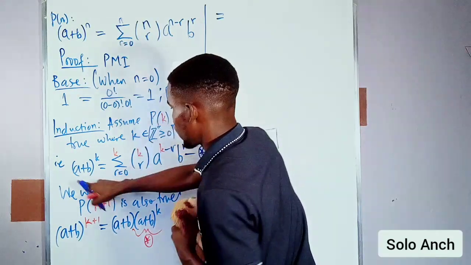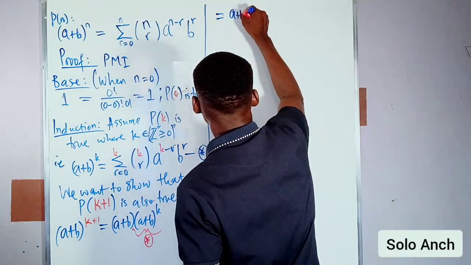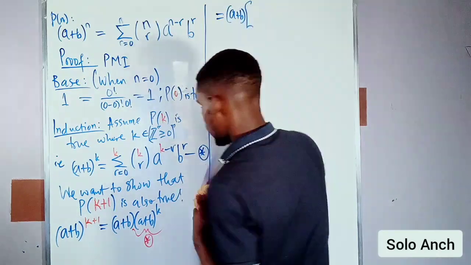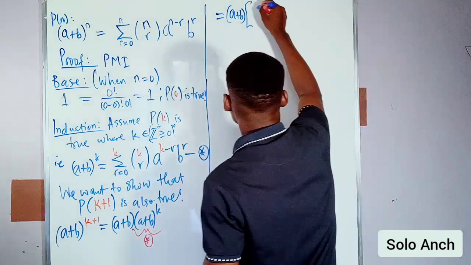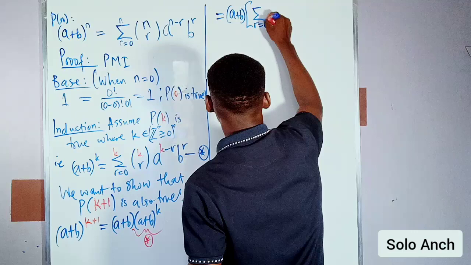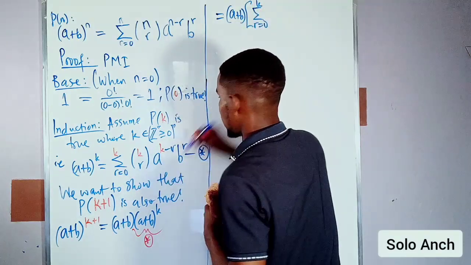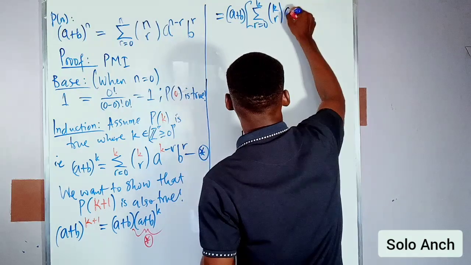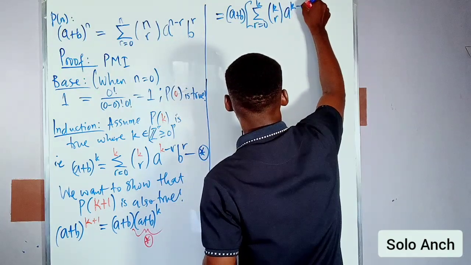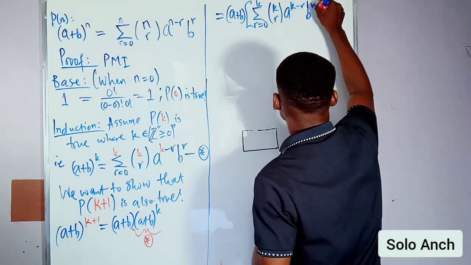So this left hand side will become (a + b) times the sum as r starts from 0 up to k of k combination r, a raised to the power of k minus r, then b raised to the power of r.